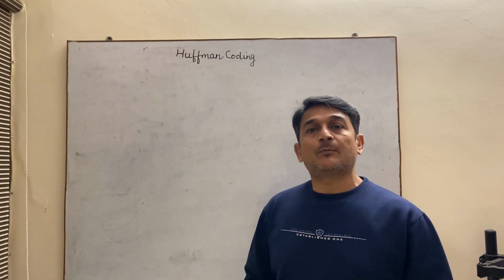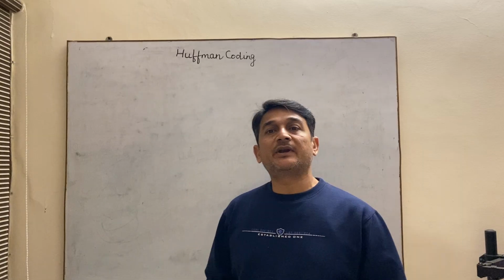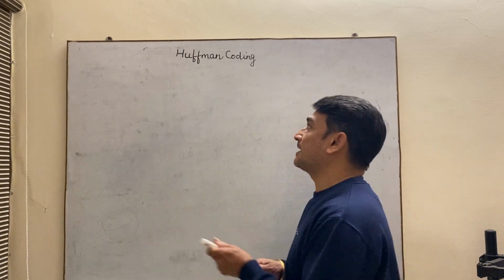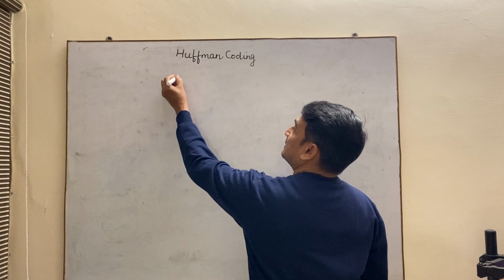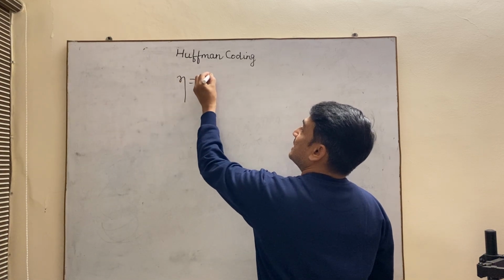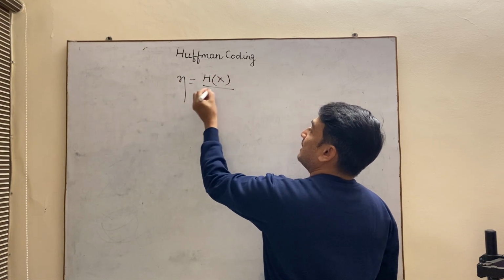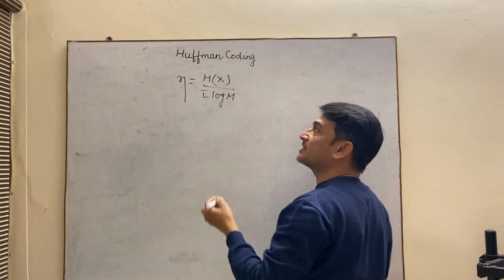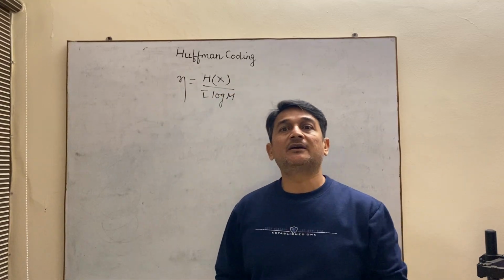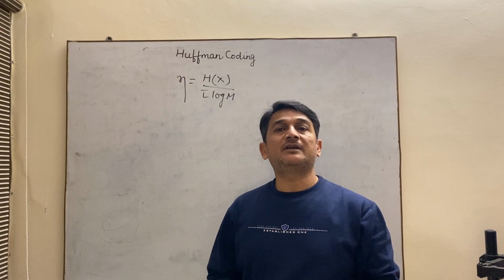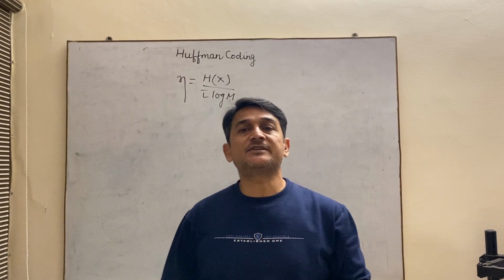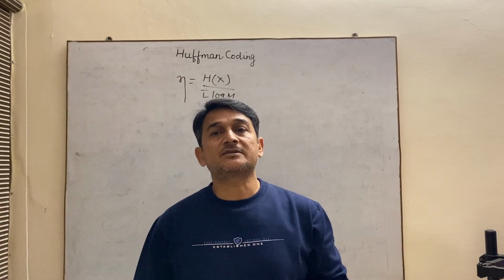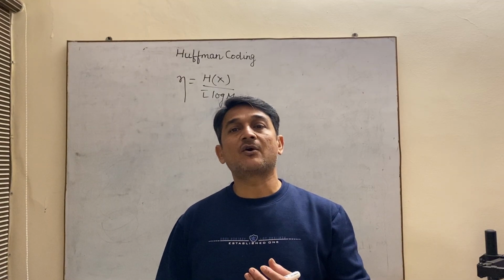So with the help of Huffman coding also we are calculating the coding efficiency, and the formula will remain same, which is eta is equal to H(X) upon L bar log m. This formula we have already used in Shannon-Fano coding technique, and when we calculated the coding efficiency using Shannon-Fano, I told you that the first step is to arrange all the values in decreasing order.